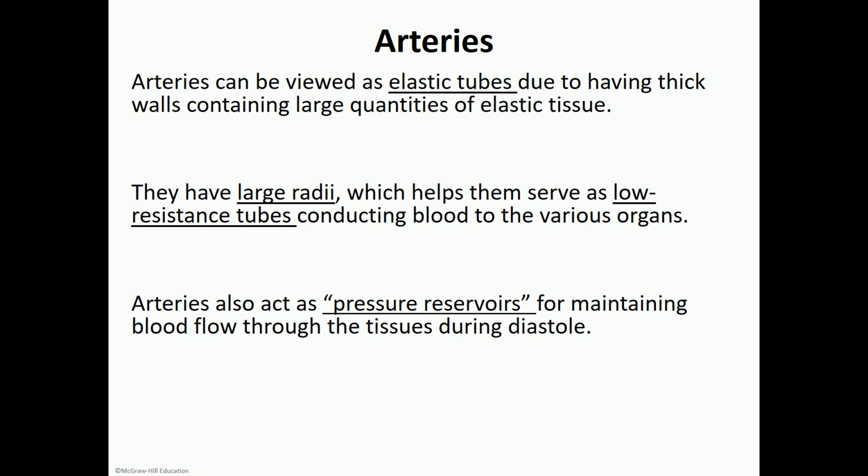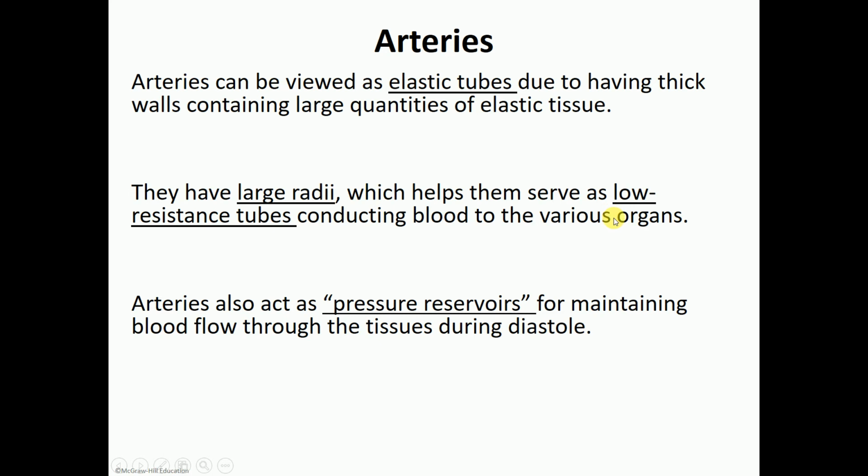So we're going to talk first in this segment about the arteries. The arteries, as we mentioned, are basically elastic tubes that are able to dilate, able to distend due to the pump of blood into them. They have very large radii, so there's a large radius to these arteries, and low resistance.